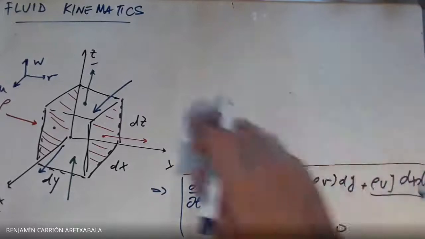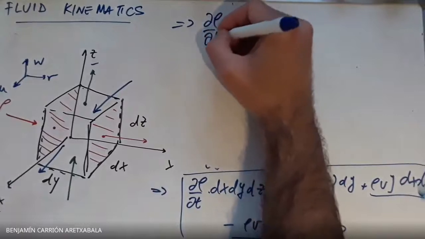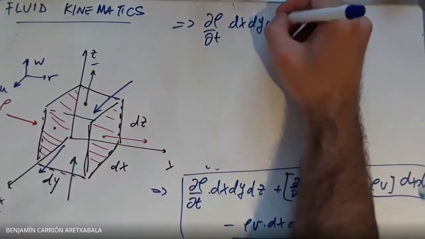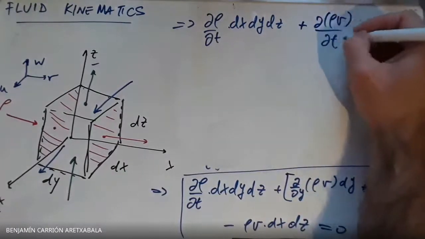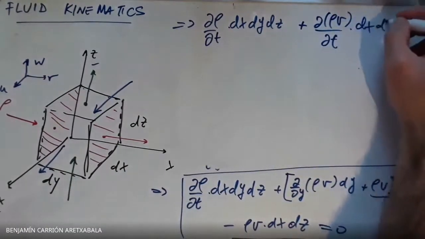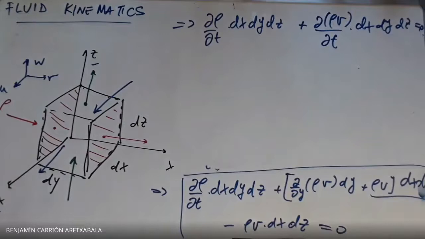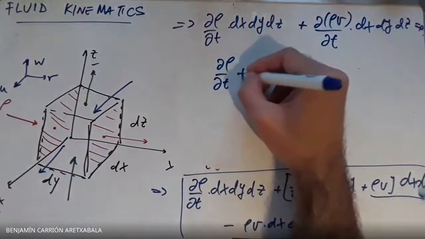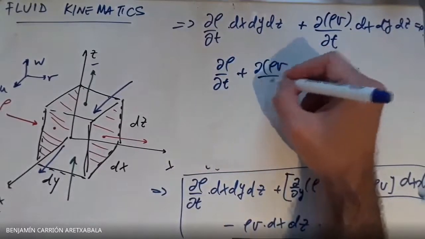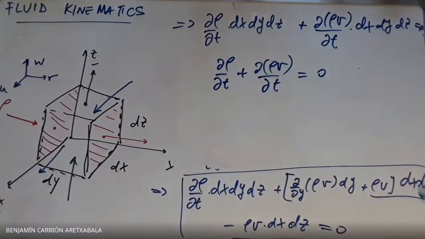So what you end up with is that the derivative of rho over dt times dx dy dz, plus the derivative of rho v over dy times the same dx dy dz, should be 0, right? And that's nothing more than this. Is that clear?